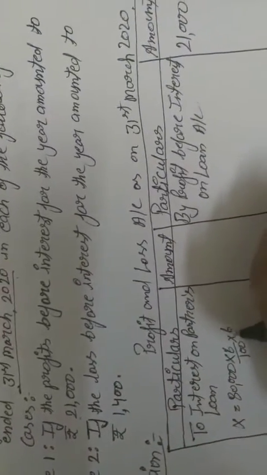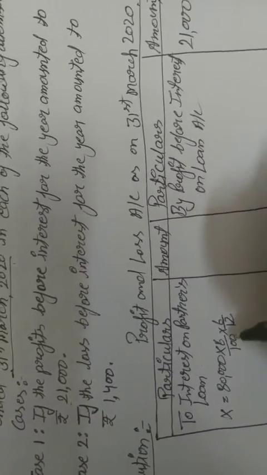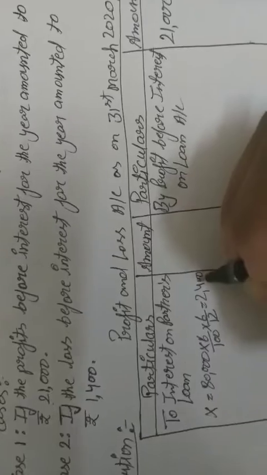So time will be 6 months, multiply 6 by 12. So the calculation will be 2,400.